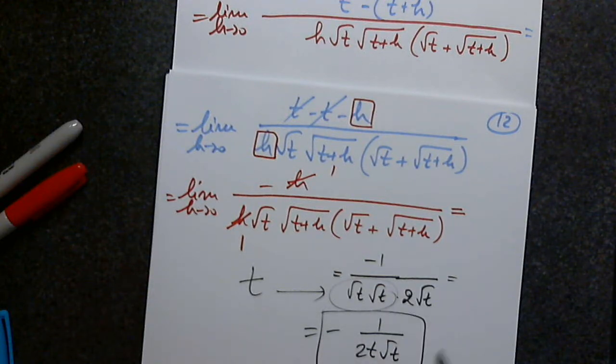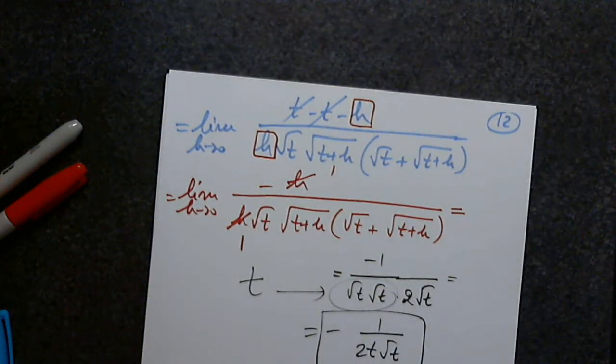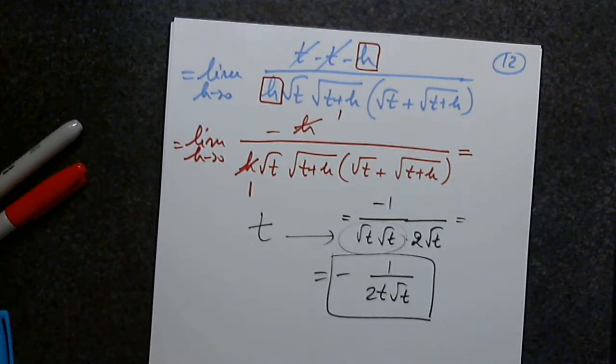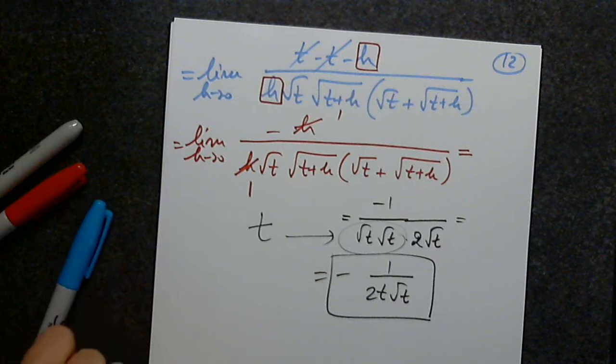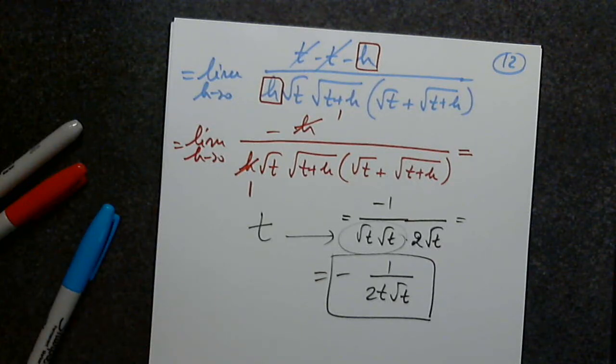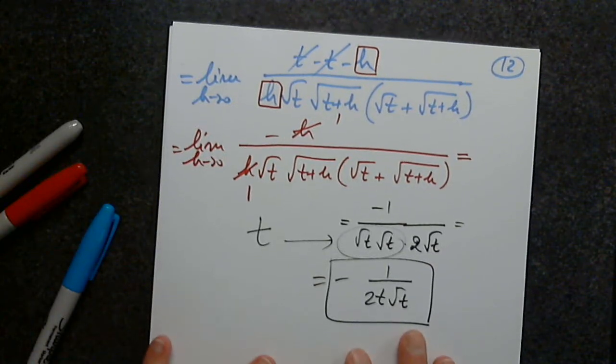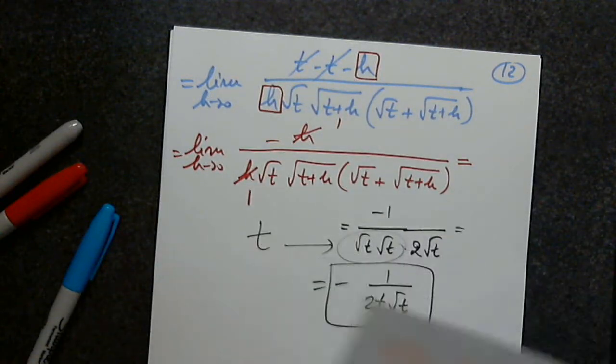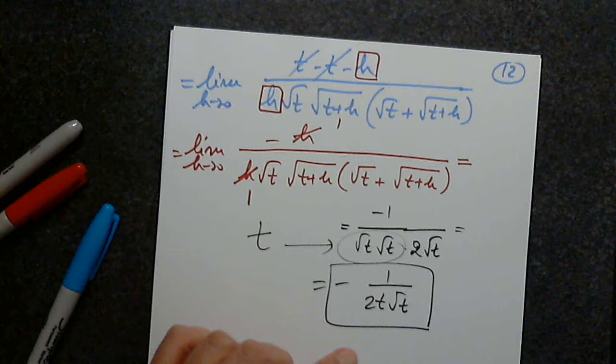A lot of work. Questions? One more time. The function was 1 over the square root of t. What does this represent one more time?